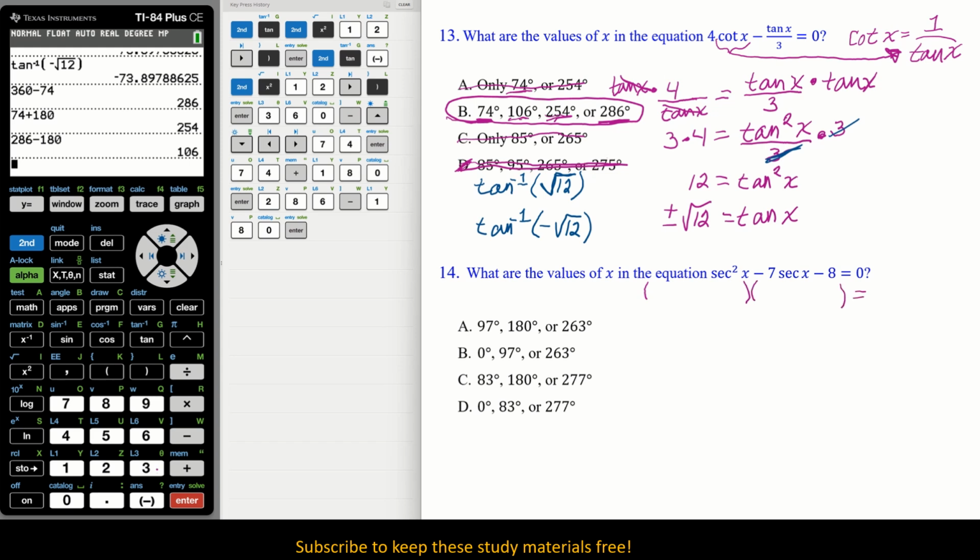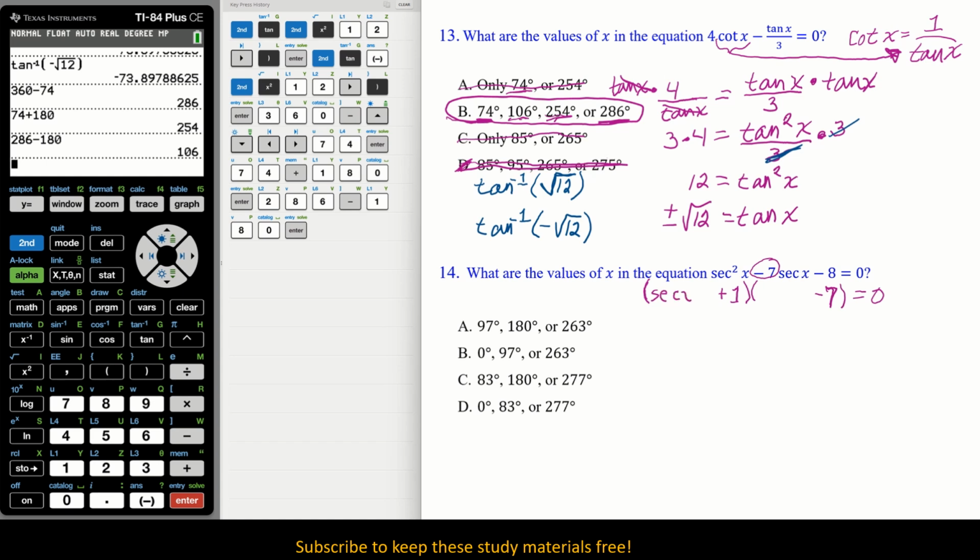Well, the first thing that I see is we have a negative 7 here in the middle. That tells me that I can use minus 7 and plus 1 here. So, yeah, it's a pretty basic factoring situation.